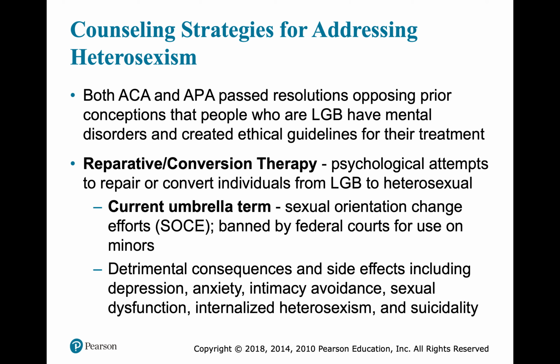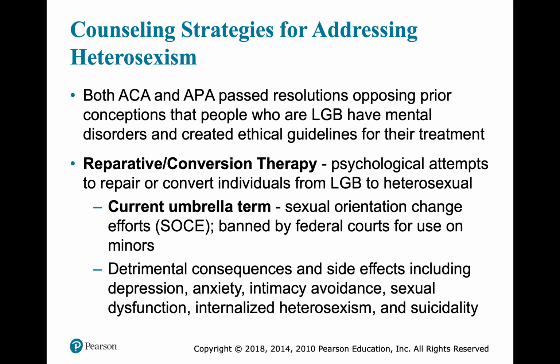In 1998, both the ACA, American Counseling Association, and the APA, American Psychological Association, passed resolutions opposing prior conceptions that people who are LGB, by their very nature, have mental disorders. So we saw this change. Efforts to alter same-sex or affectional orientation began in the mid-1800s.